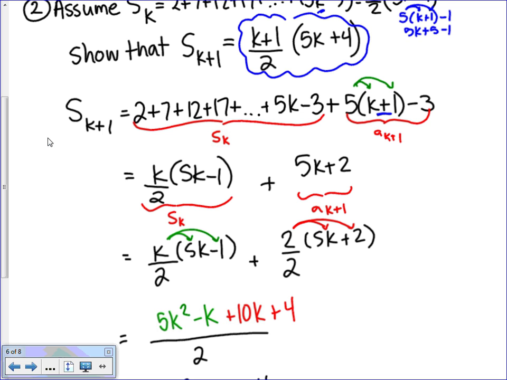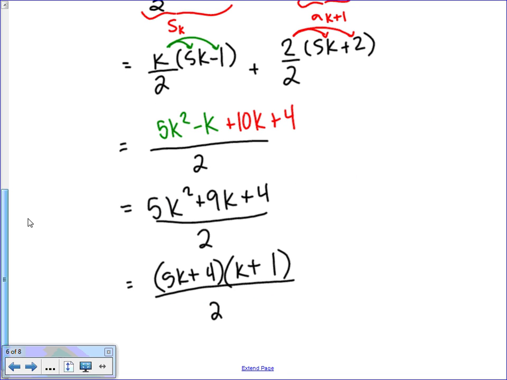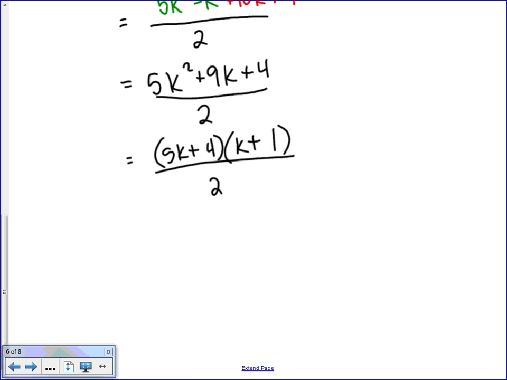Is that the same thing? It's 5k plus 4 times k plus 1 over 2? Yeah. So you've proven it. You got the right formula. So you can say then, the statement is true for all positive integers.